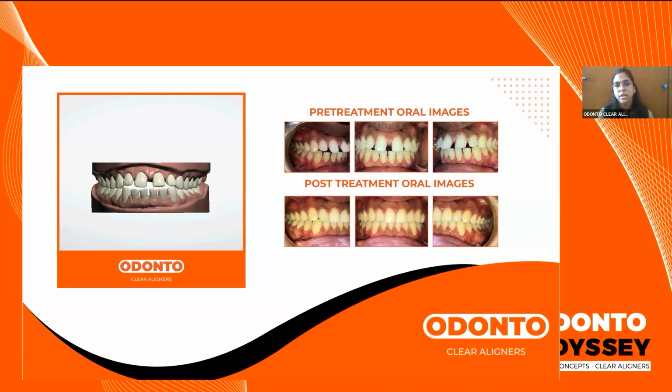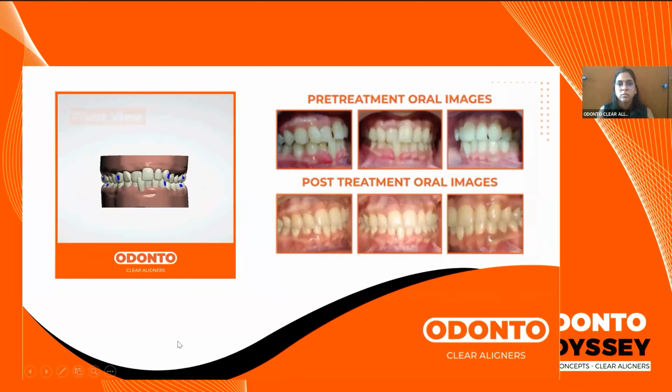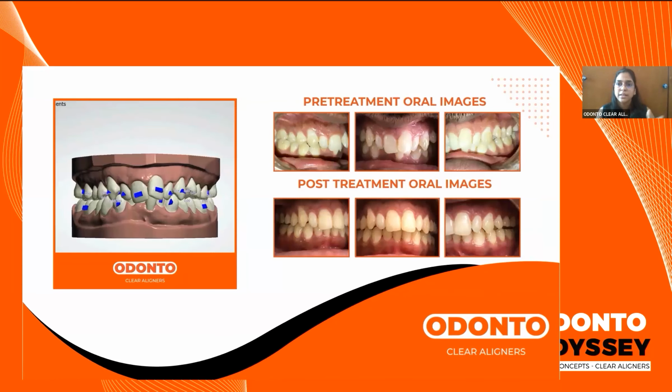So what can be done with those aligners is that when you have complex cases, if you opt for Zendura, which definitely costs a little more than your PETG aligners, it gives you a more predictable result because the material can perform better.